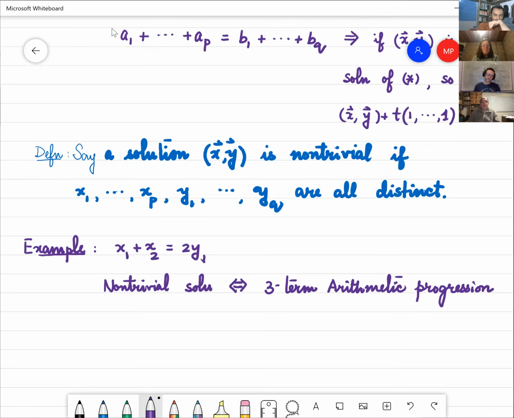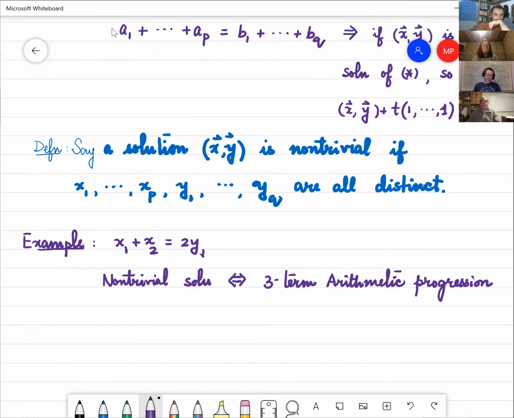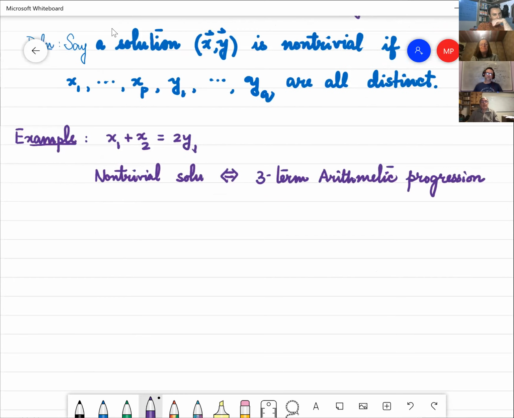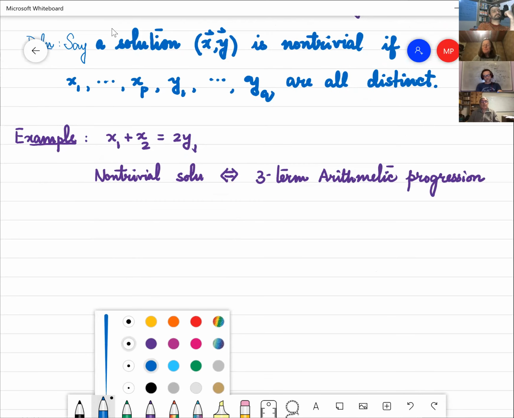Now, we will be looking for solutions in certain sets. So one more definition to go.